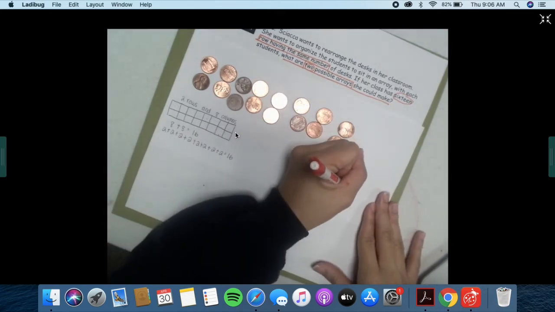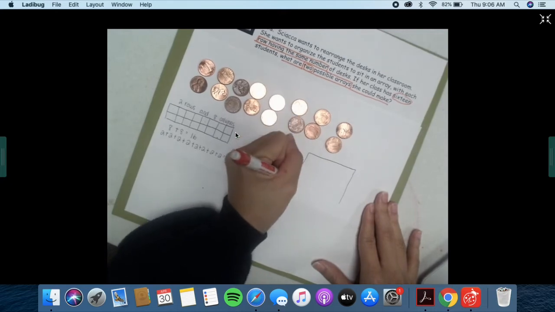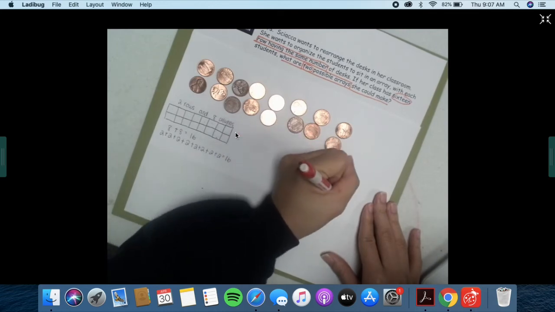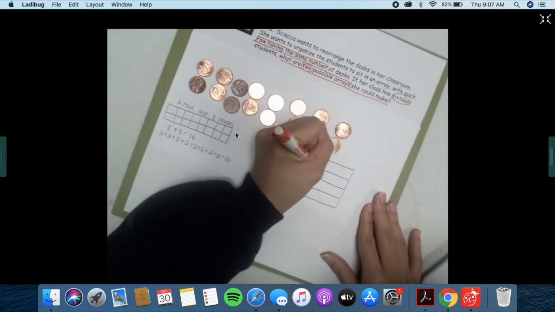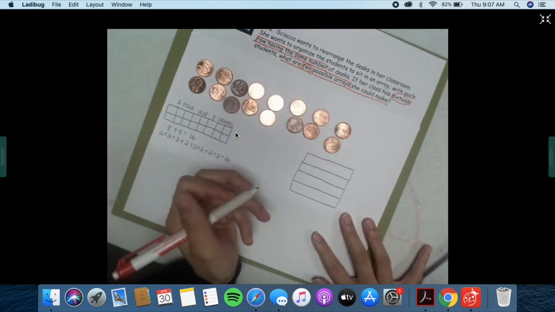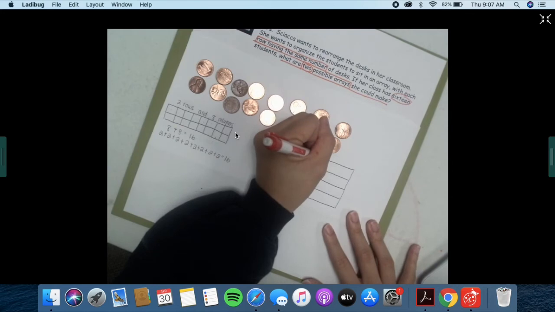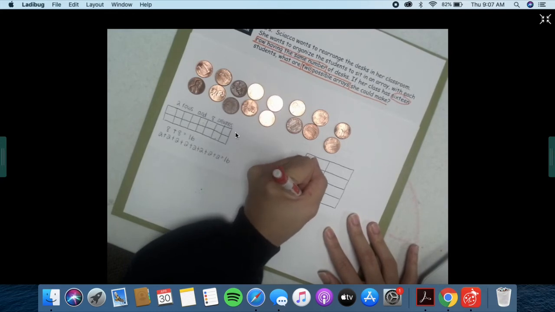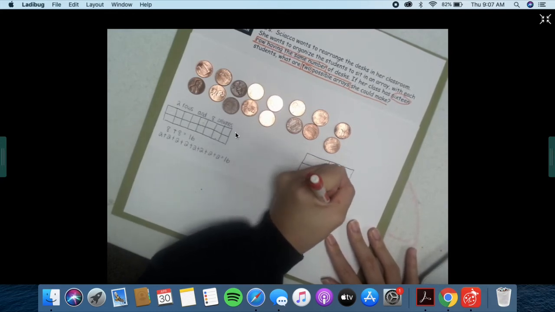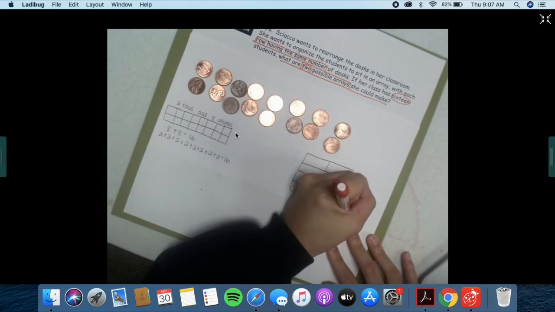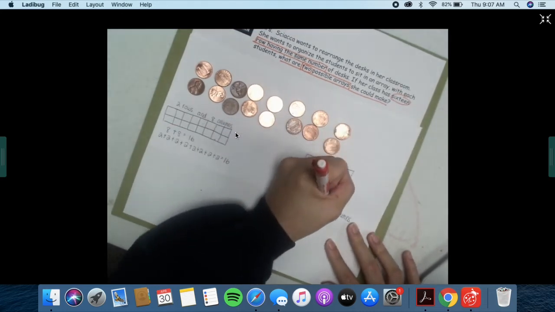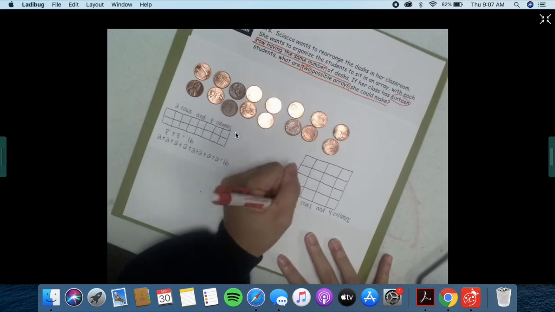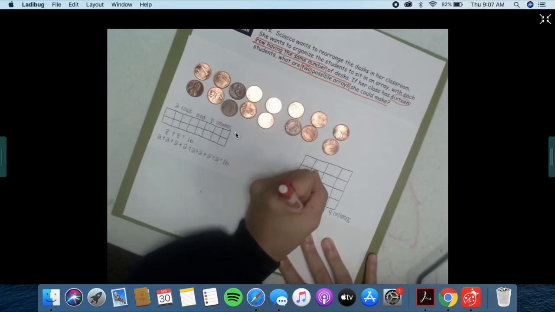I also could do 4 rows and 4 columns. Because I know 4 plus 4 is 8, and another 4 is 12, and another 4 is 16.